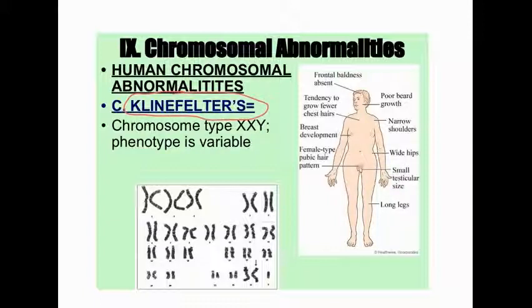And it's also a trisomy. But it's a trisomy where you get 3 of the sex chromosomes. So instead of being a normal female of XX or a normal male of XY, people with Klinefelter's have the genotype of XXY. Whoops. And this does happen.